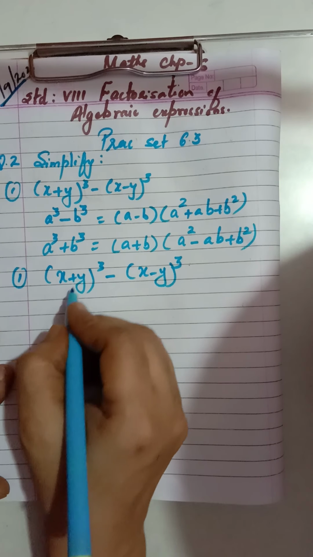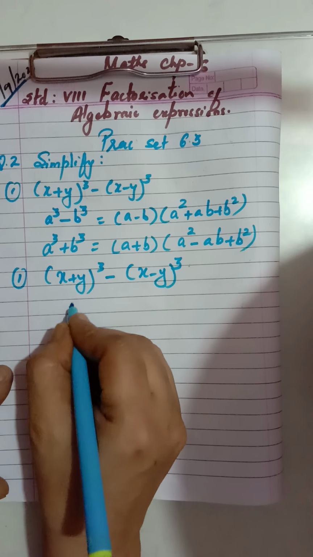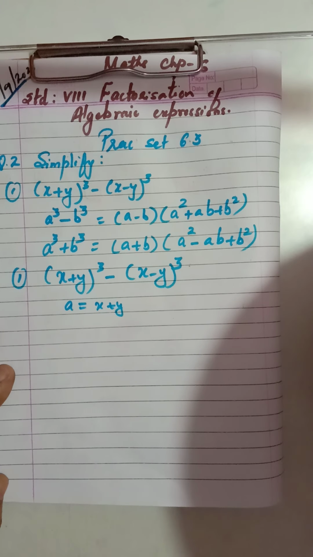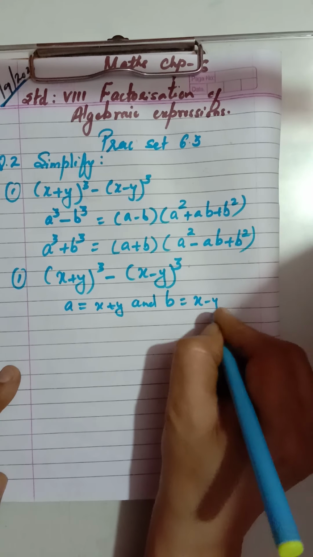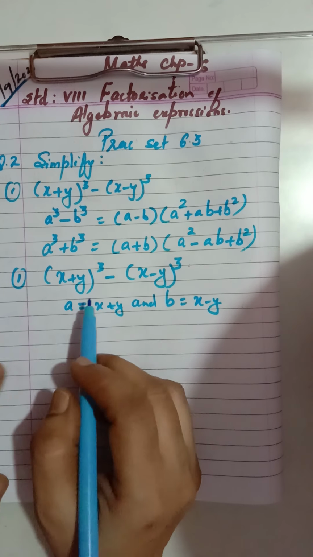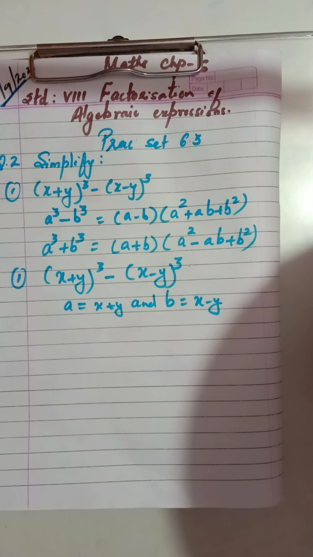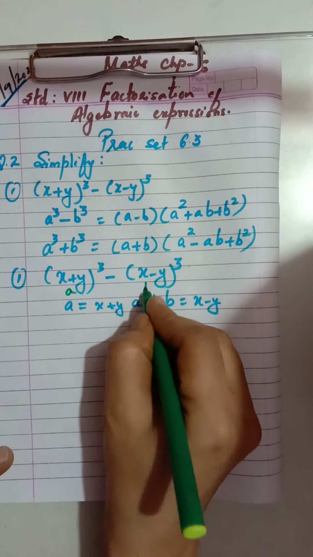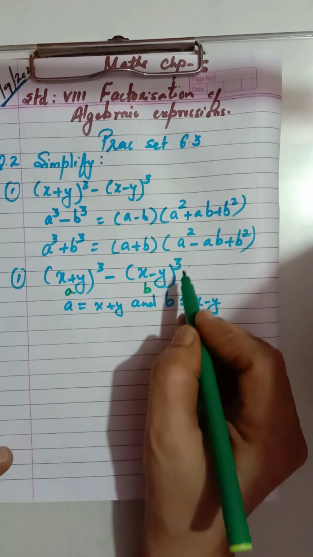Suppose we consider a equal to x plus y and b equal to x minus y. Then this becomes a cube minus b cube.